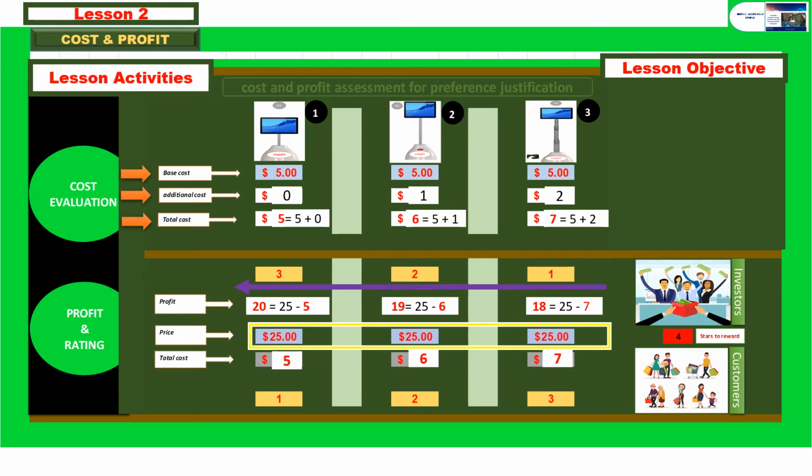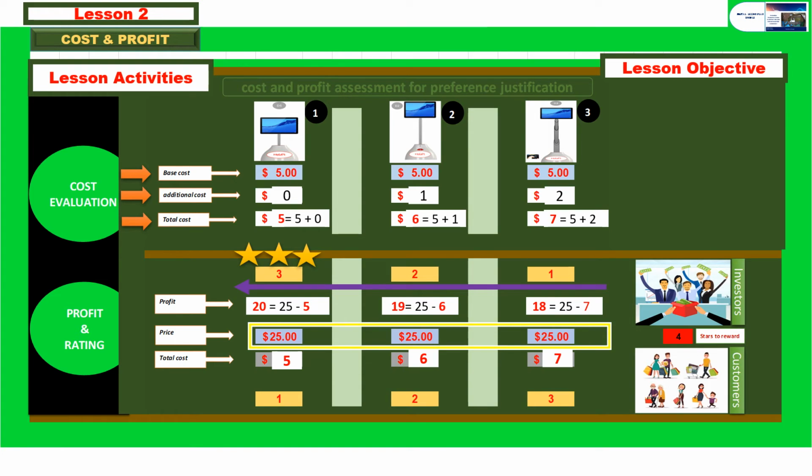Now, we have to understand how the rating is performed based on price or cost. For the investor, we realize that for the highest profit, which is $20, they rate 3 stars out of 4, which makes sense because it is where they're getting the most profit.